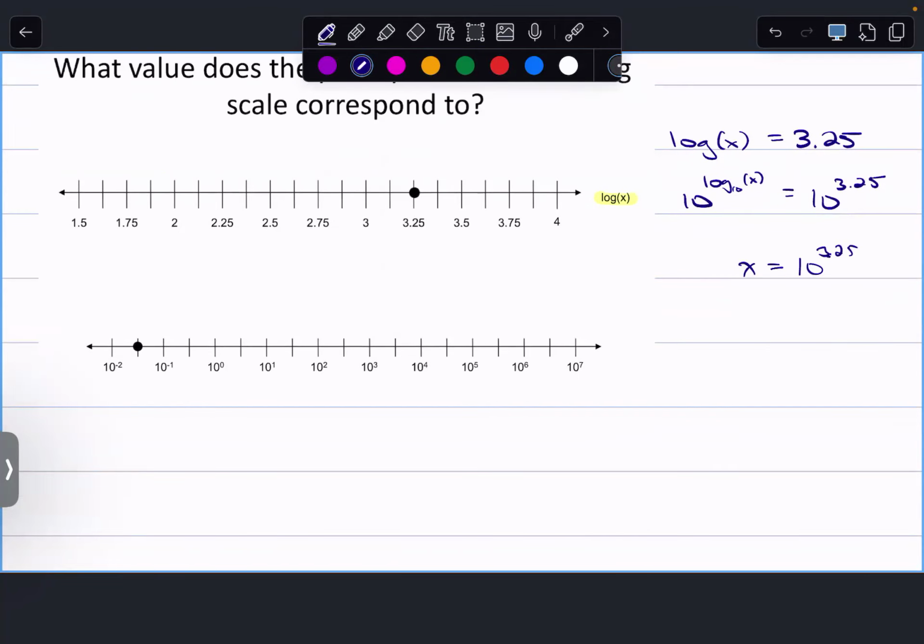What about this next one? I've got log base 10 of x is negative 1.5.